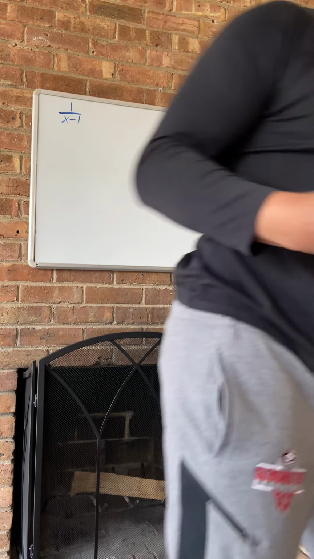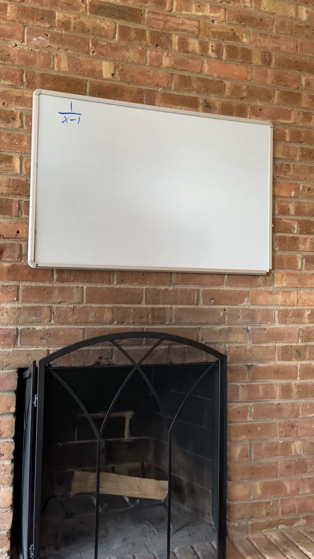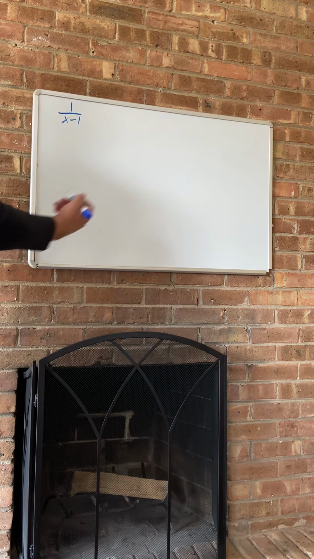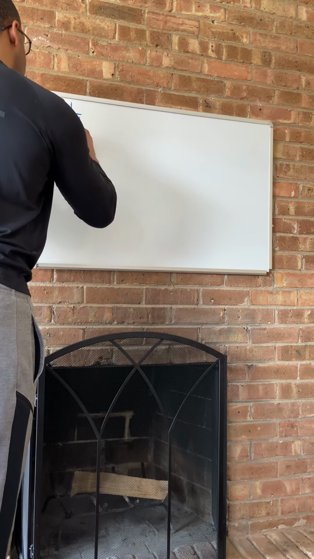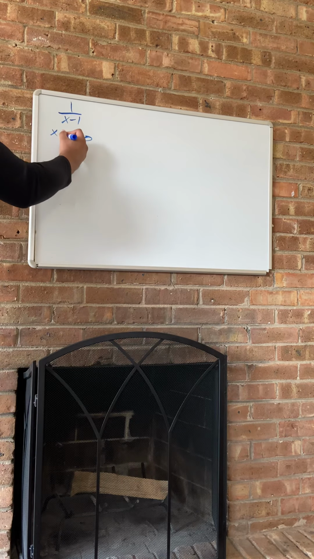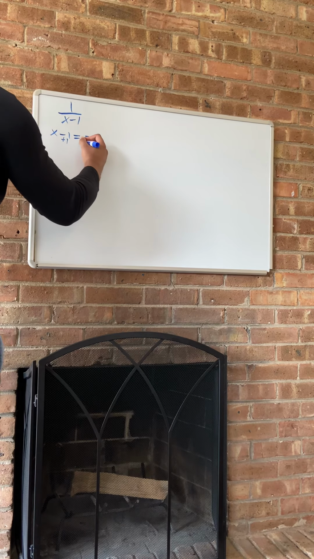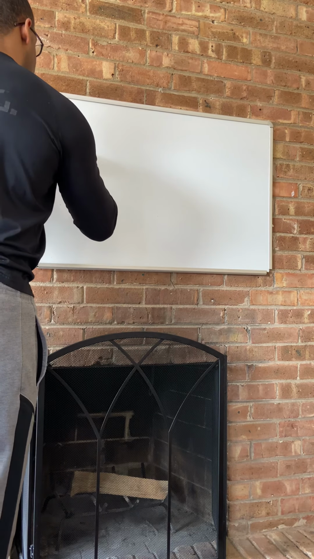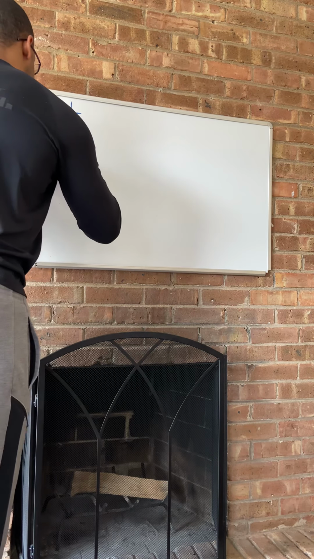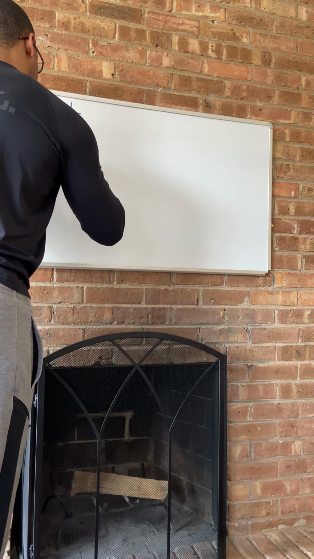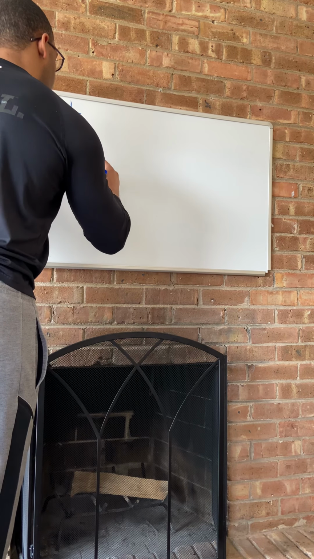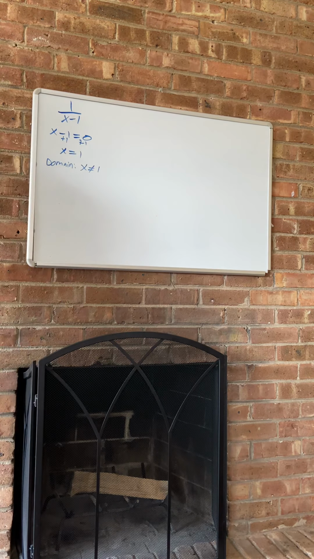So again, we use the same steps. To find my domain, I take my denominator equal to 0. So x minus 1 equals 0. If I add 1 to both sides, x is equal to positive 1, which means our domain tells us x cannot equal positive 1.